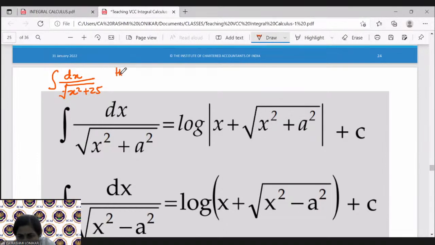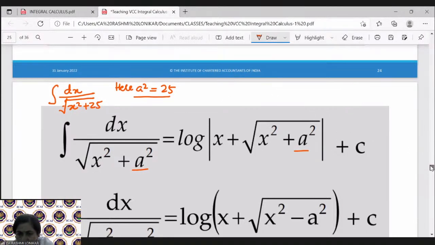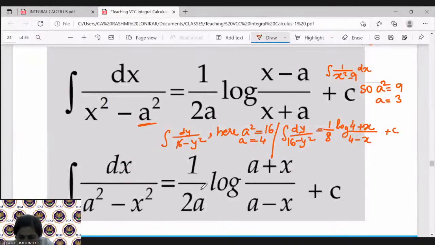Here, a square is equal to 25. Here, I don't need to calculate a, because I have to directly use a square, and here also I'm using a square. So here there is no need. But in the earlier sums, where I have to use 1 upon twice a, I'm using a singly. So there I need to write it down.